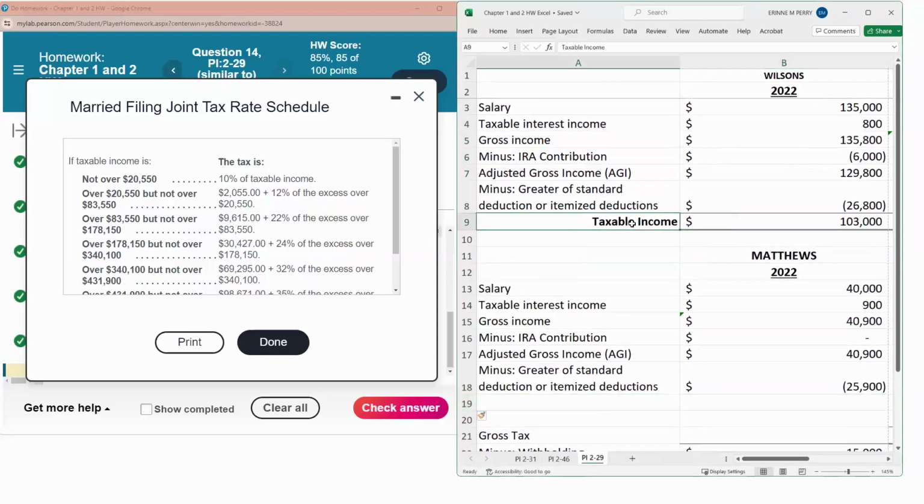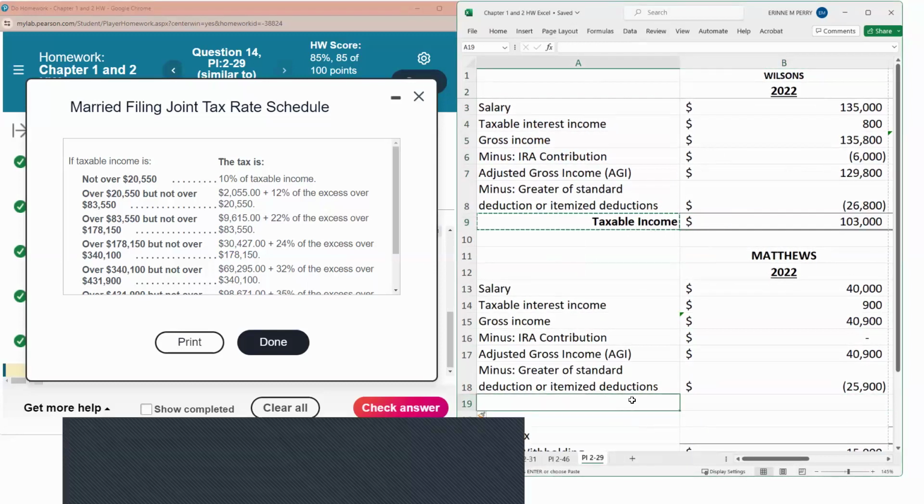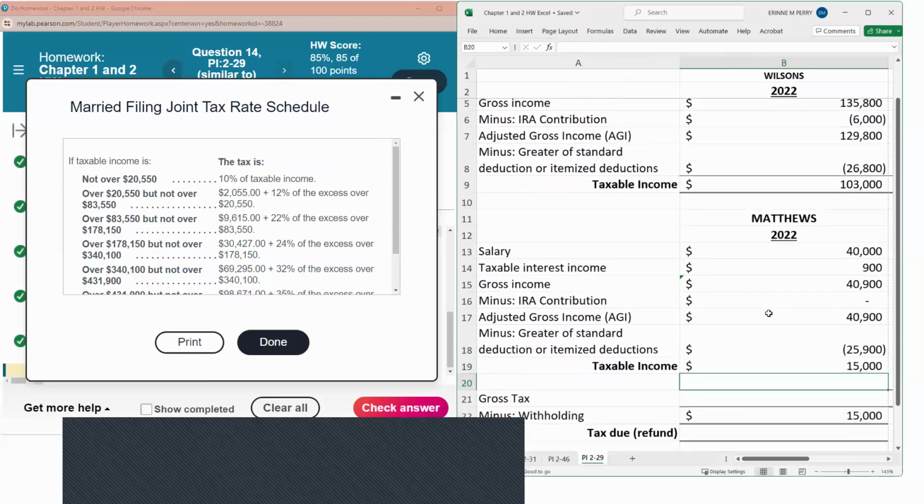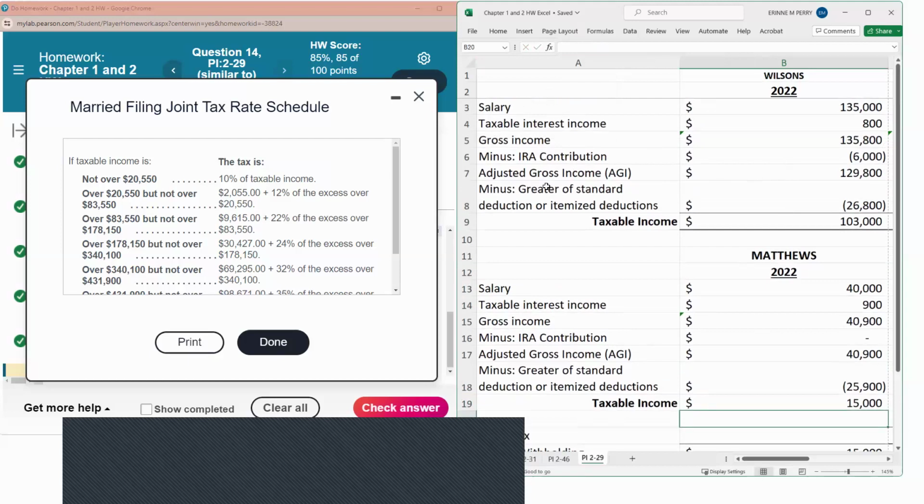Here we do a sum. It's one of the key things when you're using Excel.